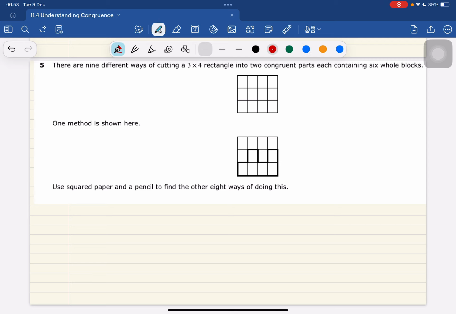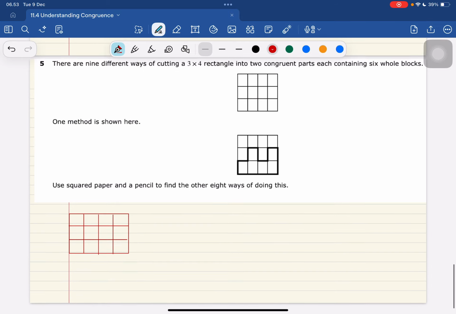Okay, let me make it. Let's say they are equal. So 8 ways.